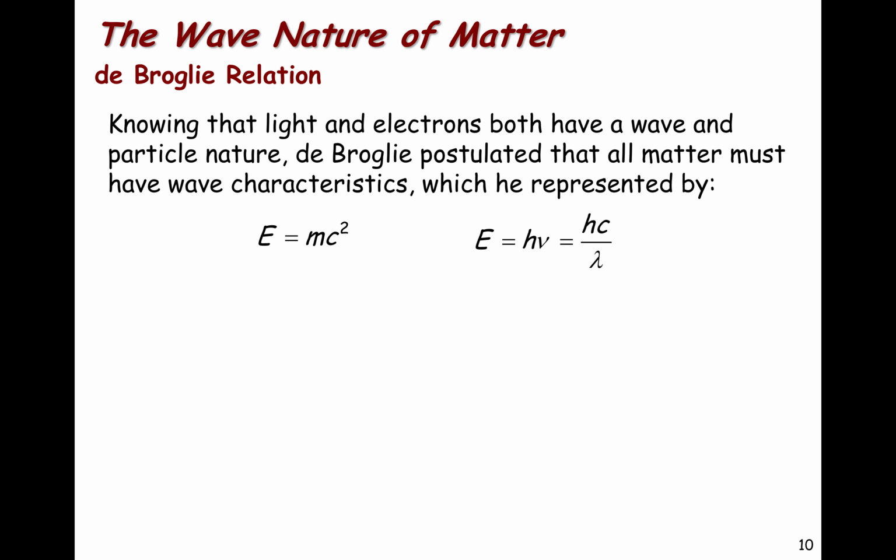In addition, if we substitute for the frequency using the relationship of frequency and the speed of light, which is c equals lambda times nu, and rearrange and insert into this equation, we can come up with a further relationship that relates Planck's constant times the speed of light divided by the wavelength of the photon.